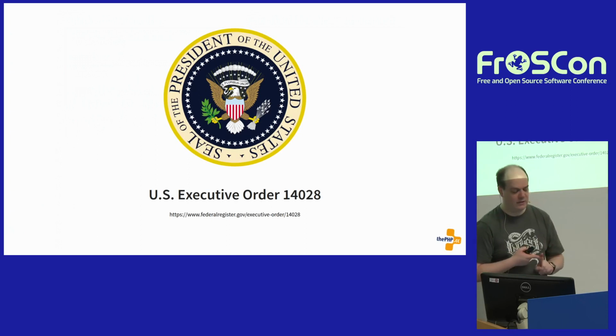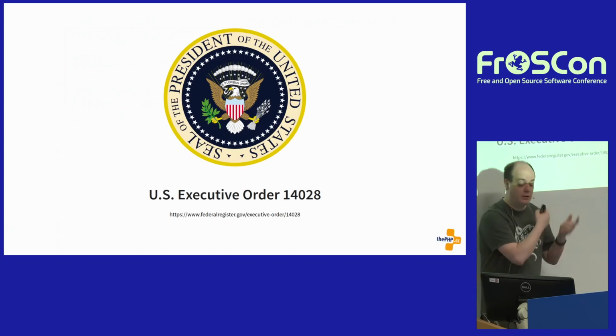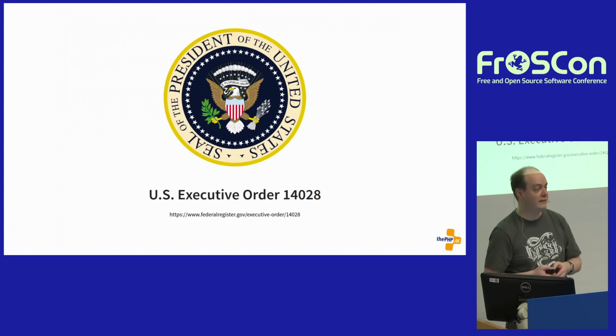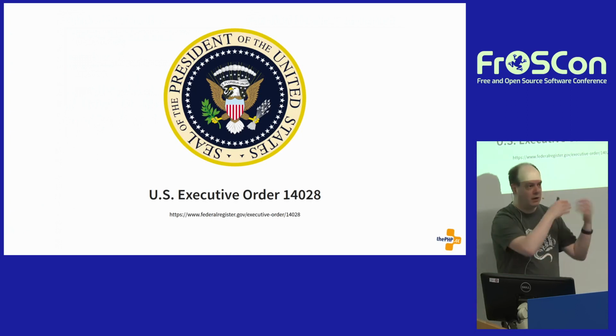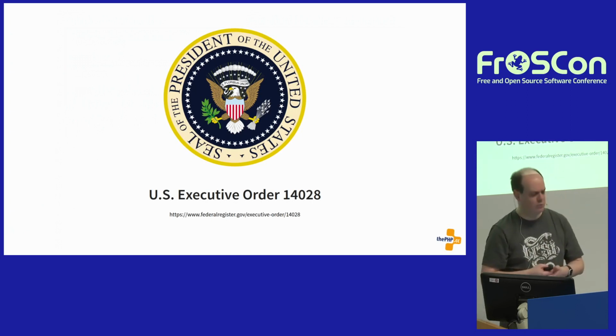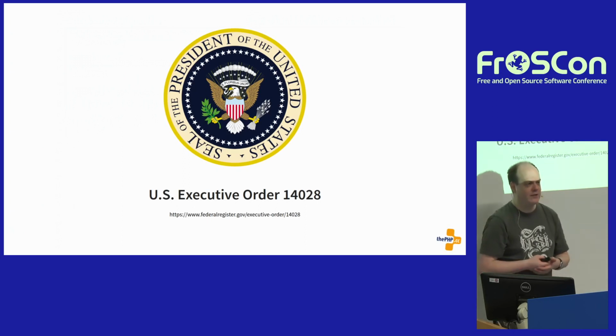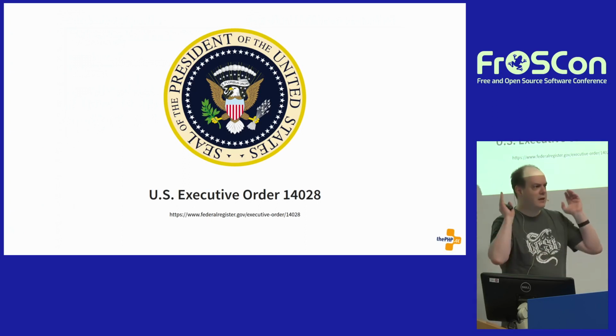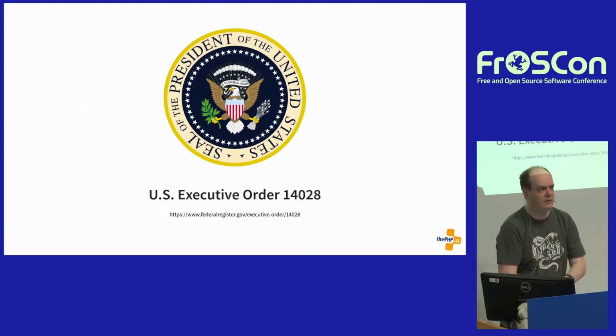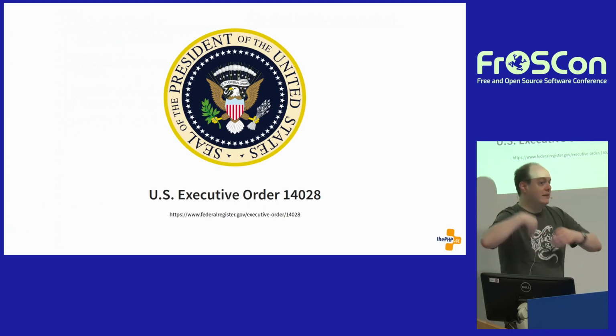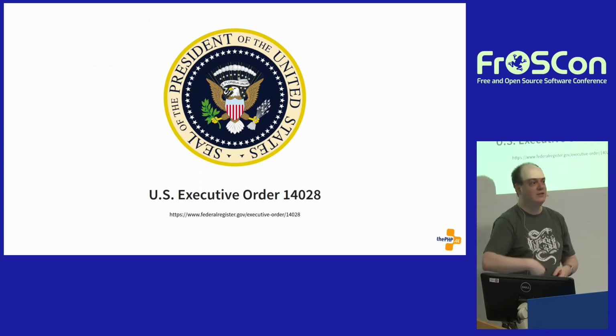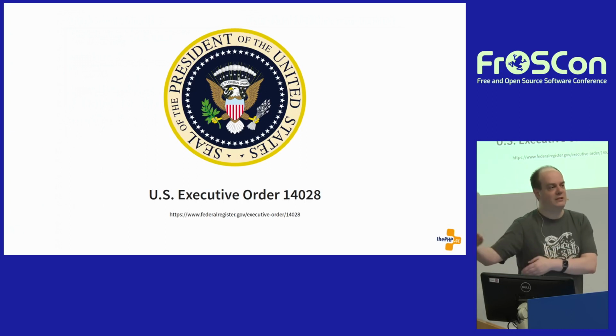There is something called US Executive Order 14028, which was signed by President Biden 2 years ago by now, that basically said, hey, every software that is delivered on the federal level to the US government, starting at that date, needs to have, in technical terms, a software bill of material.